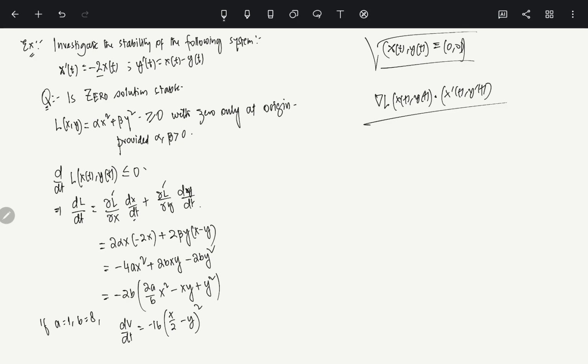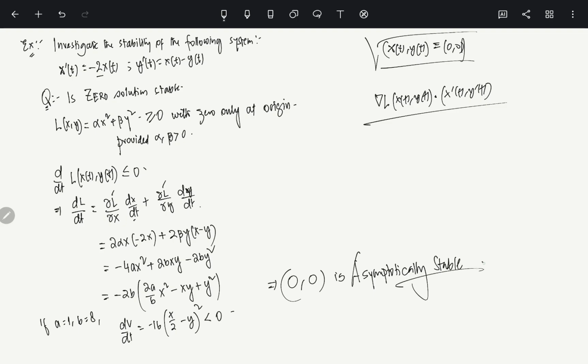You just put everything together, this is what comes out to be. And then this is strictly negative. So if it is strictly negative, that will imply that the 0 0 solution is asymptotically stable. Not only stable, it is asymptotically stable. Is it okay?